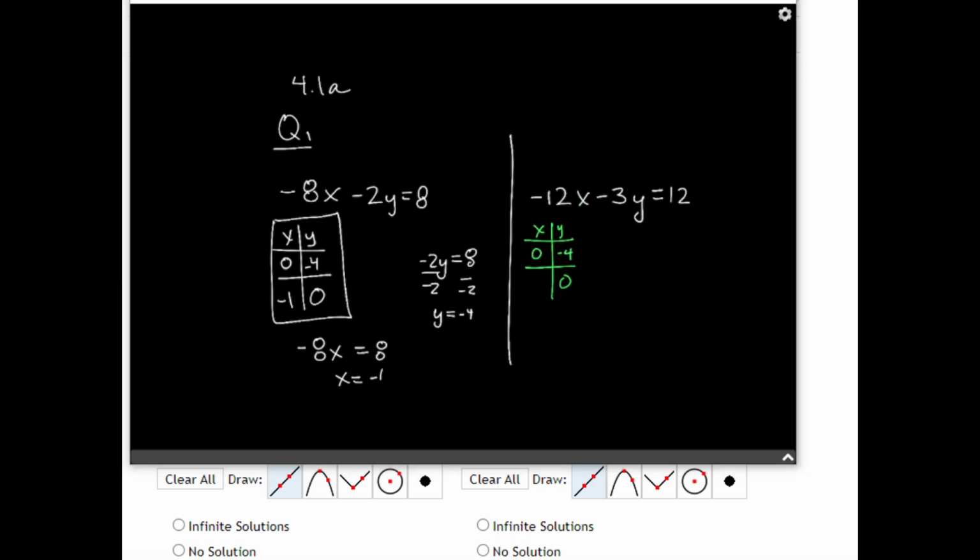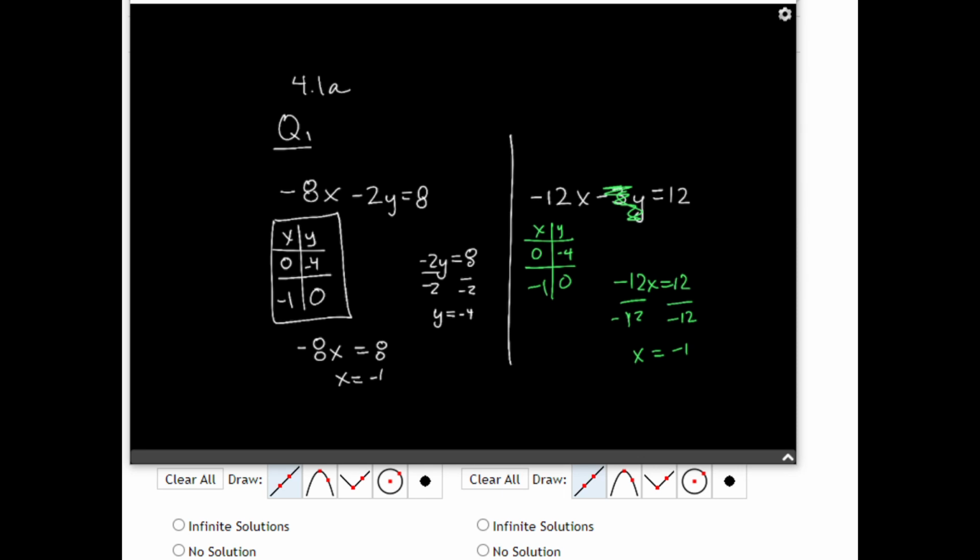Let's do the same thing again, only now my y is 0, so that means this portion is going away, and that also is a negative 12x is equal to 12. Divide both sides by negative 12, and again, x is equal to negative 1.